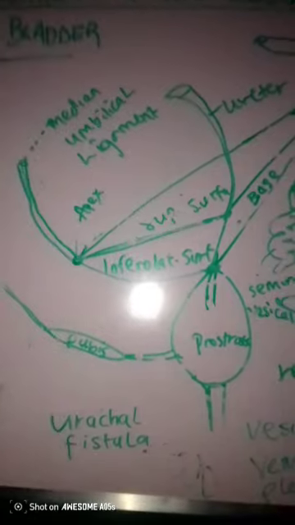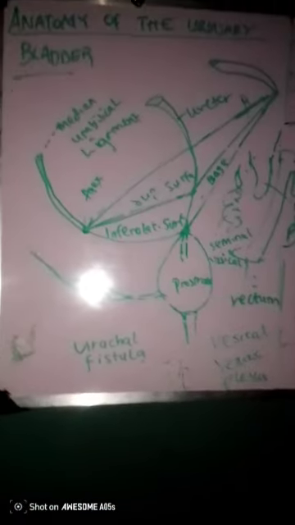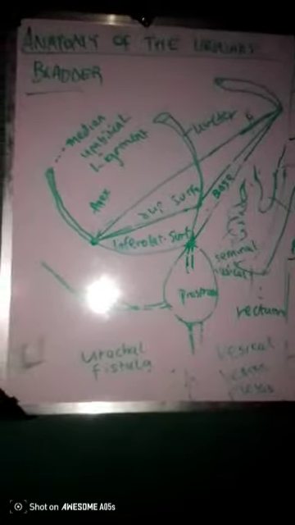Then we have the neurogenic bladder, in the sense that there is something wrong with the parasympathetic or sympathetic nervous supply. Wherever the problem is coming from will lead to loss of function of that particular part. If it is the parasympathetic supply, you're not going to be easing yourself very well, because it's responsible for the expulsion of urine. If it's sympathetic, that means urine control will be a very big problem.